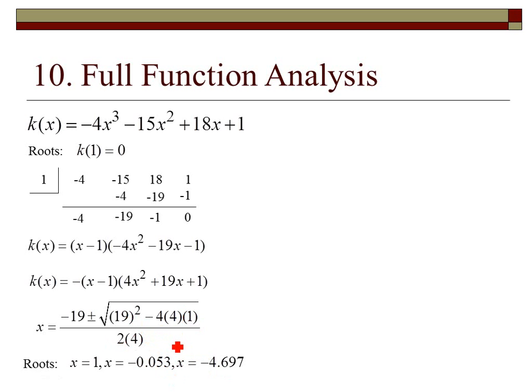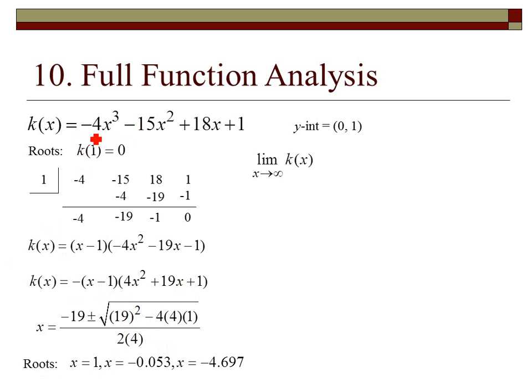Next thing we wanted to ask about was the y-intercept. That's easy, just plug in 0, get 1. Okay, then we want to look at our limits to infinity and negative infinity. So as x goes to infinity, there's not really much work to be done right here. You just got to think about it. Well, I've got negative 4x cubed. That's my dominant term.